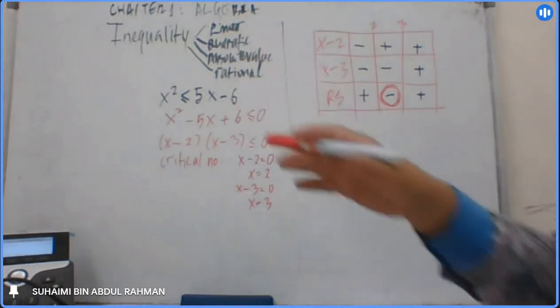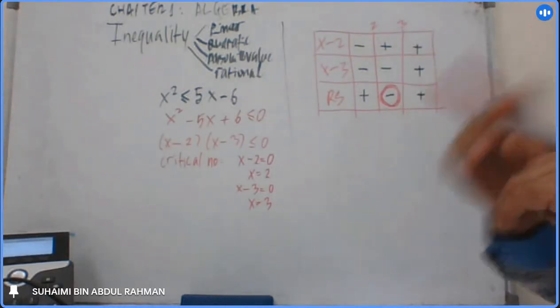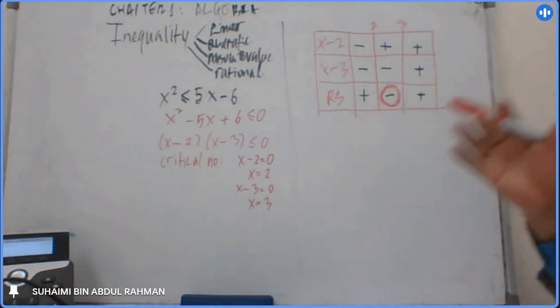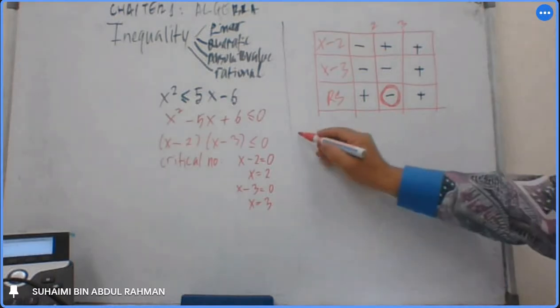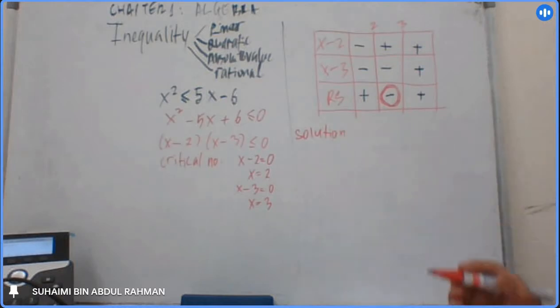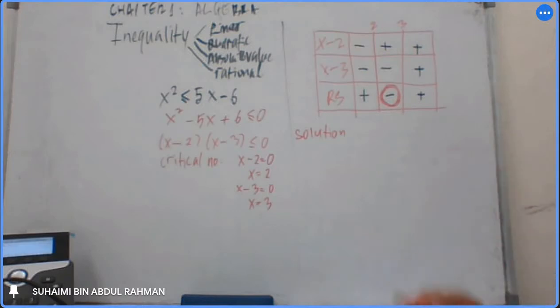Remember that when we talk about inequality, the answer is not an exact answer. It's the same as the equation answer in terms of interval notation. Therefore, the solution here will be from where to where?